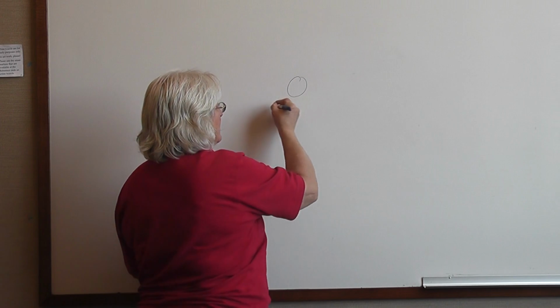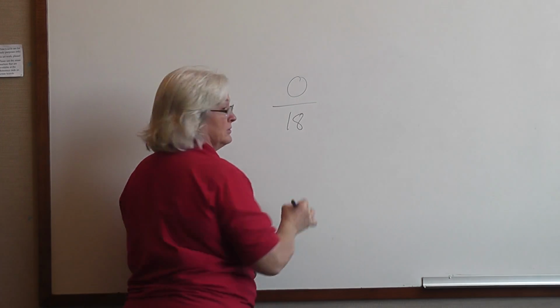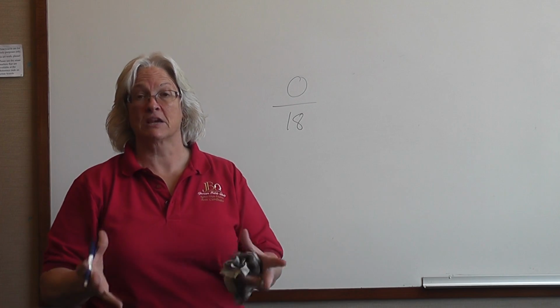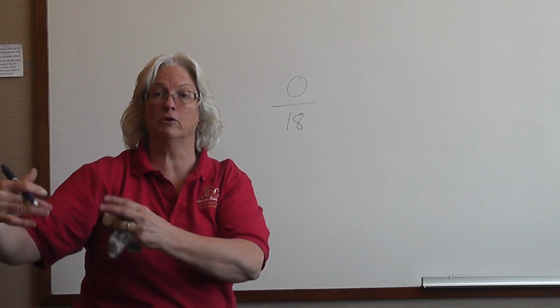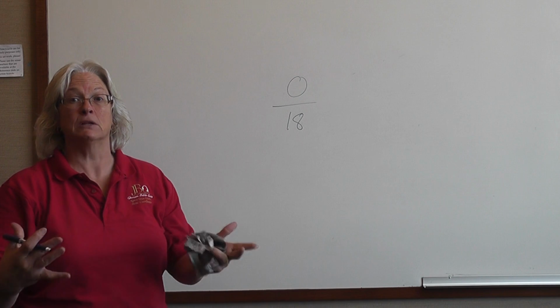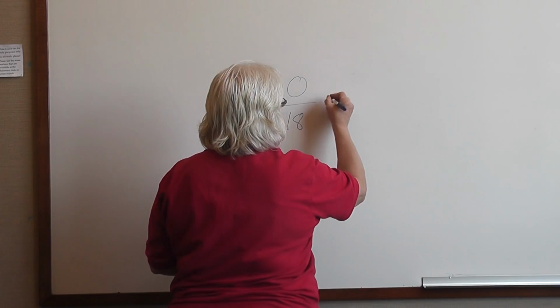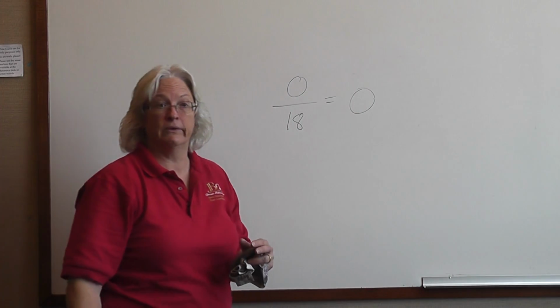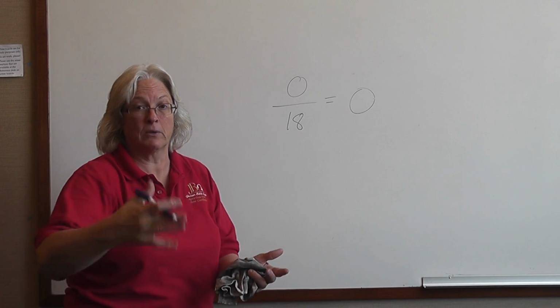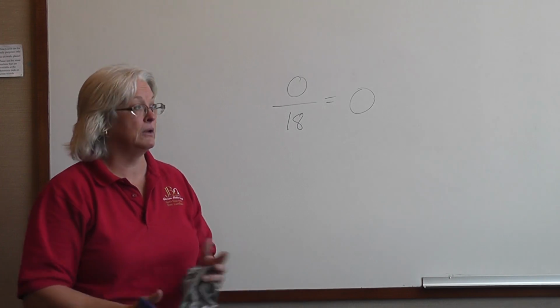And we're going to divide that nothing up into 18 separate groups. Well, how much does every one of those 18 groups have in it? Well, it has nothing, okay? Doesn't matter how many groups you divide 0 into, you still have nothing. You cut up nothing and you have nothing.